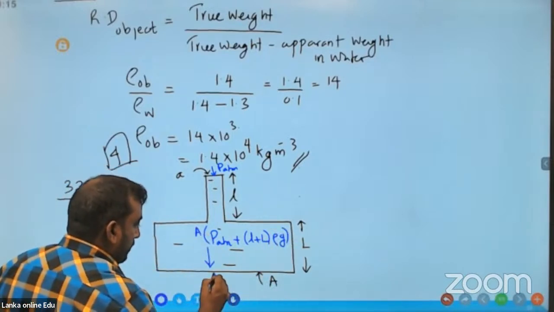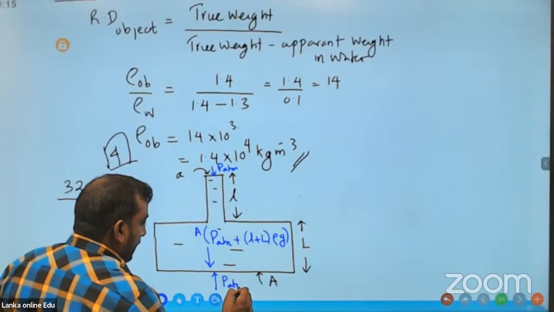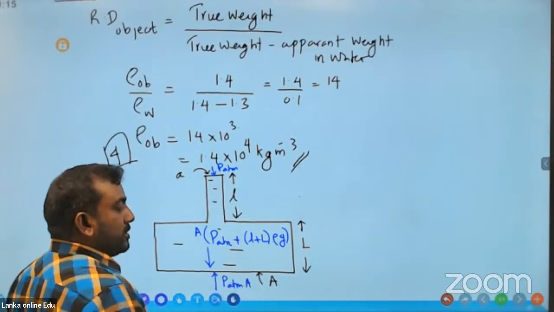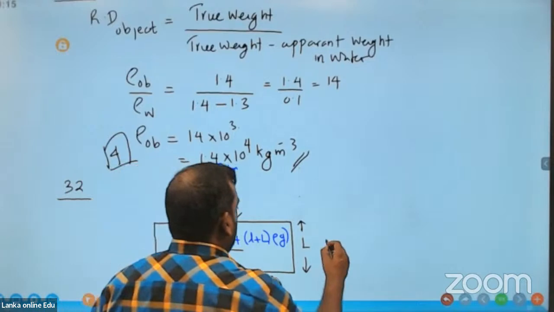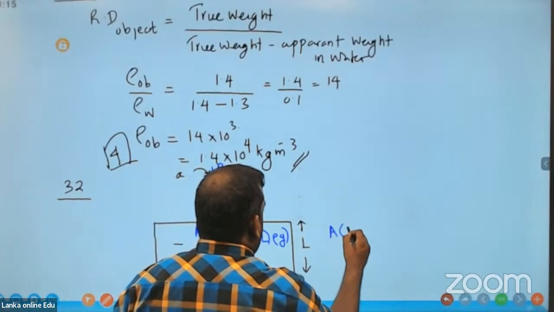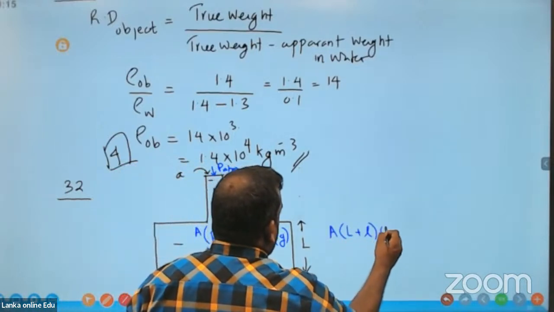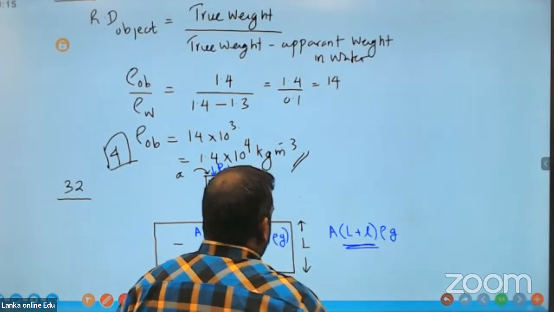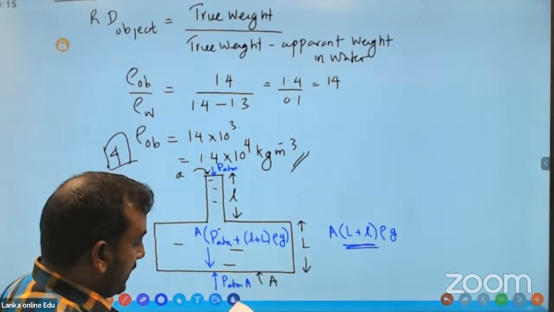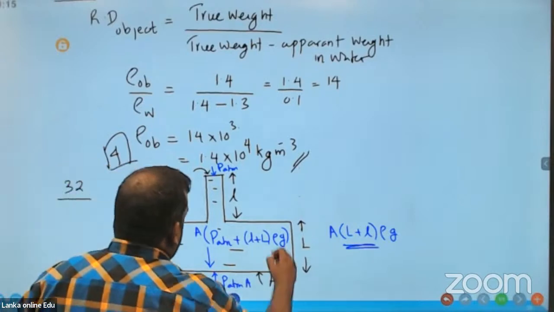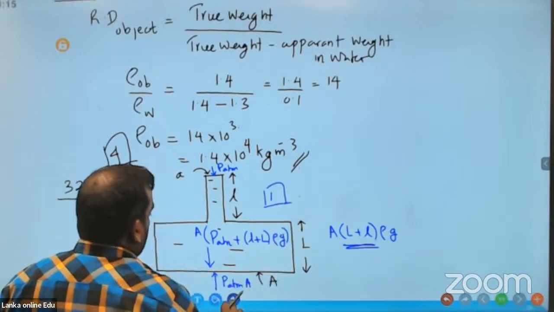Don't forget again from the bottom, P_atm times A. The net force acting is going to be A times (L plus simple L) rho g. So from here you have your answer. Answer number 1.